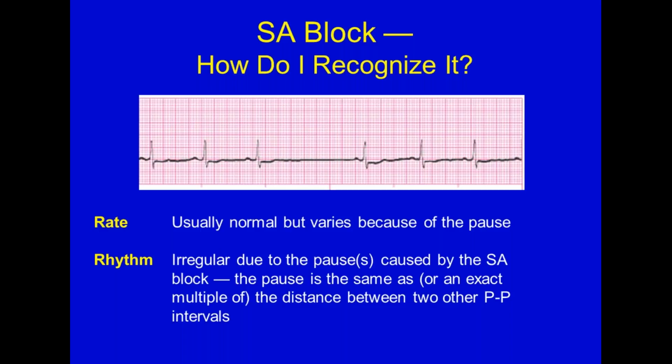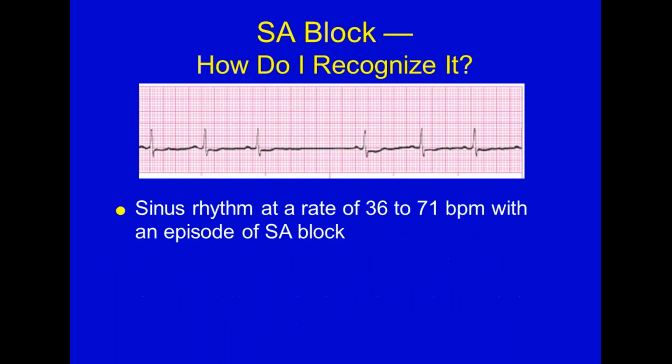You could have the SA block occur, and then an accessory pacer takes over, which produces in that space a PAC, a PVC, or a PJC. If that pause is long enough, another part of the heart is going to take over and produce a beat to fill that gap. I don't know if I've ever felt the skipped beat. I know I felt probably the PVC from working out too hard or something.